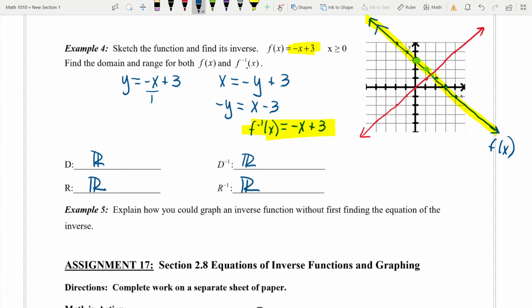So let's draw a double arrow and right here say f inverse of x, and I'm actually done. The reason that happened is because f of x is symmetric across the line y equals x, meaning if I take this half of my graph and fold it across the red, it lies on top of the other half. If that happens, then the inverse and the function are the same equation.